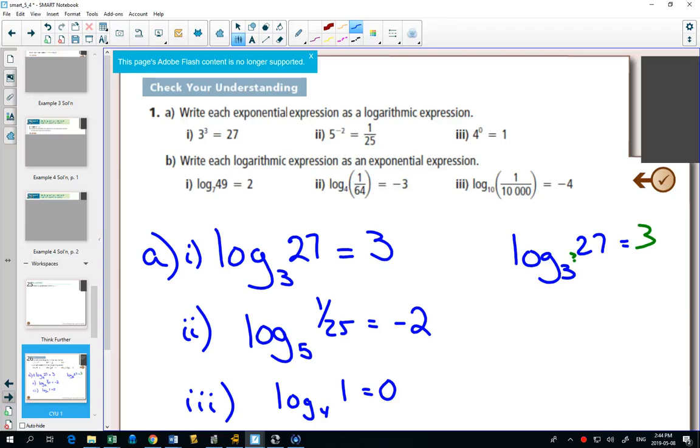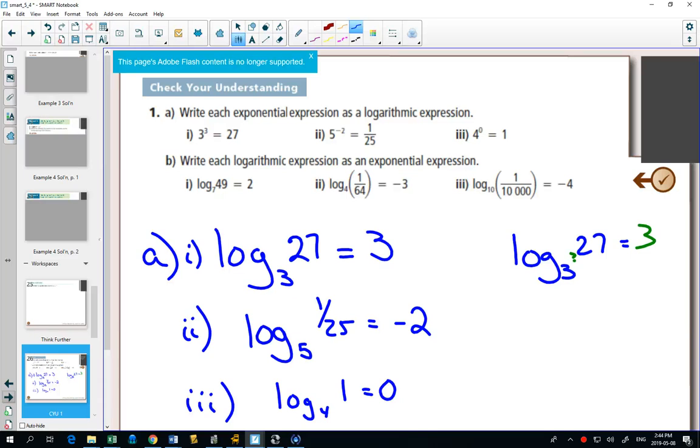What's 5 to the 0? 1. What's 7 to the 0? What's 82 to the 0? 1. Does it matter what base I have to the 0? As long as it's not 0, it's going to equal 1.